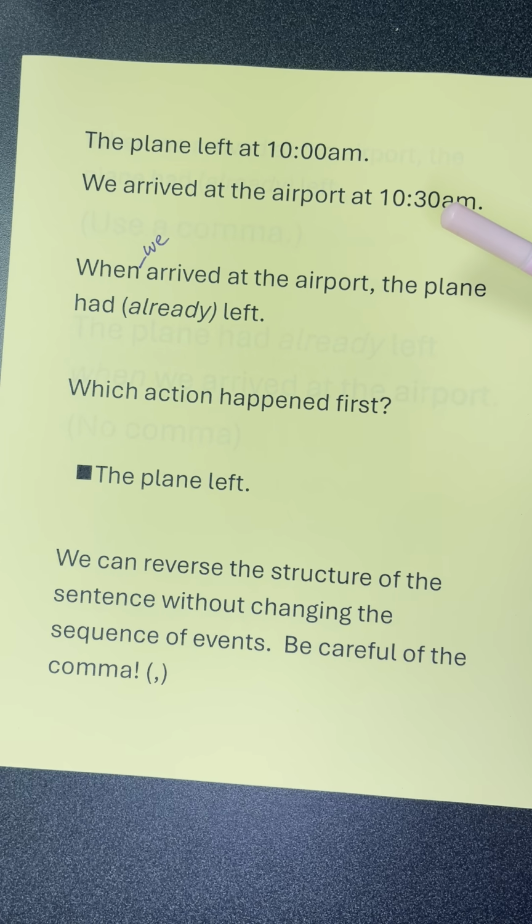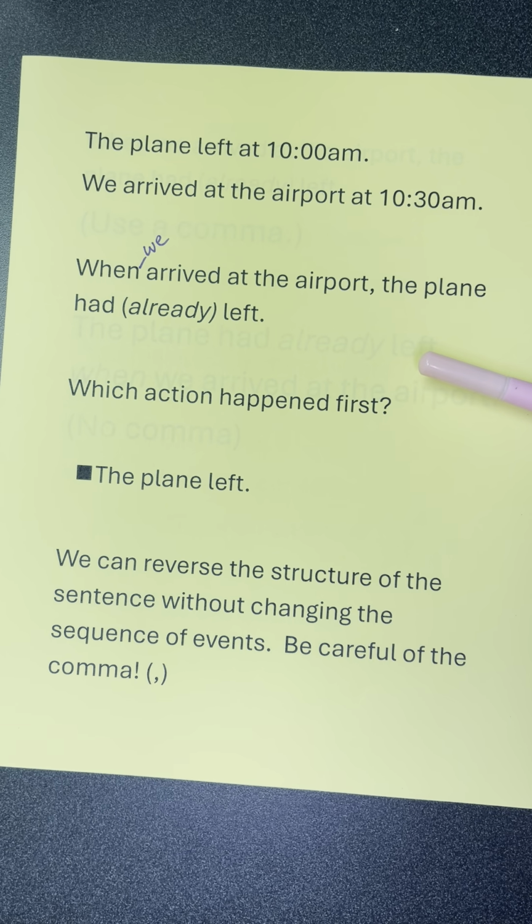We don't have to do it, but we do most of the time. So let's look at this again. When we arrived at the airport, we arrived is actually the simple past tense. And that's the second action in this sentence. The first action is the plane.